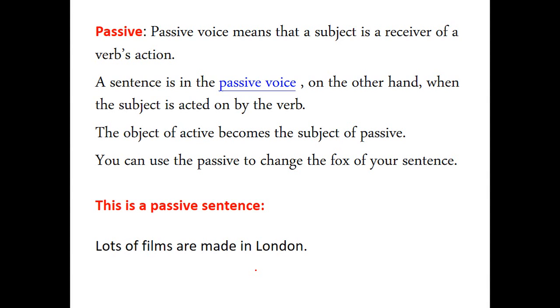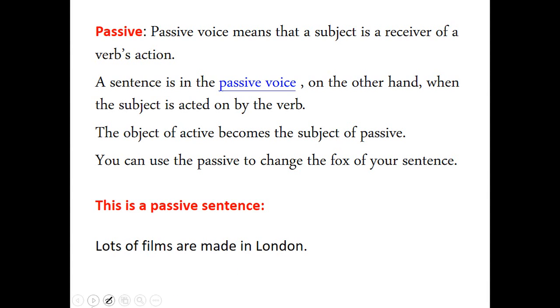The object of active becomes the subject of passive. So as I told you, the object of an active sentence is going to be what? A subject of passive sentence, and you can use the passive to change the focus of your sentence.